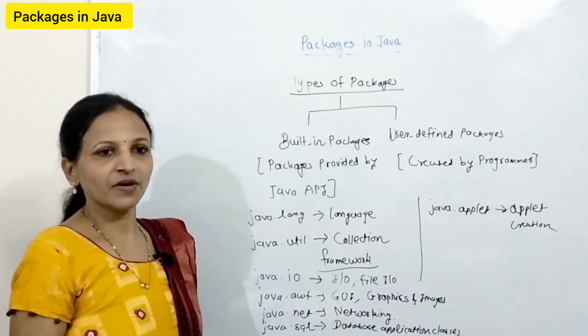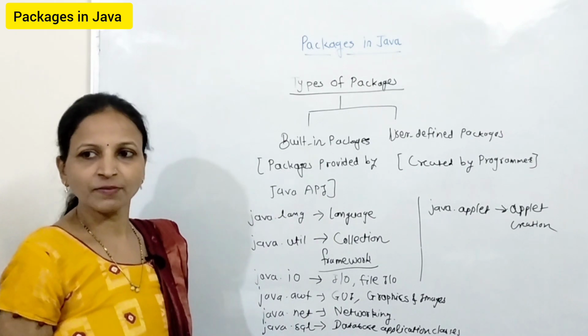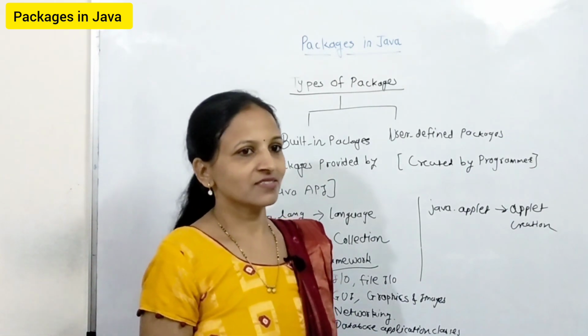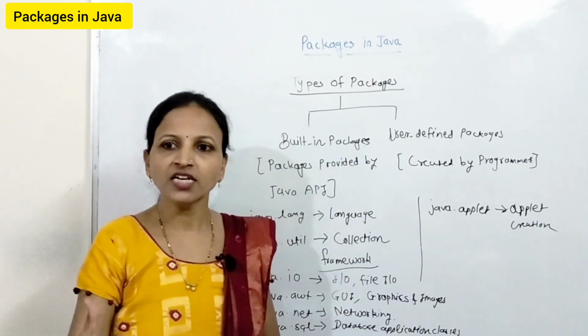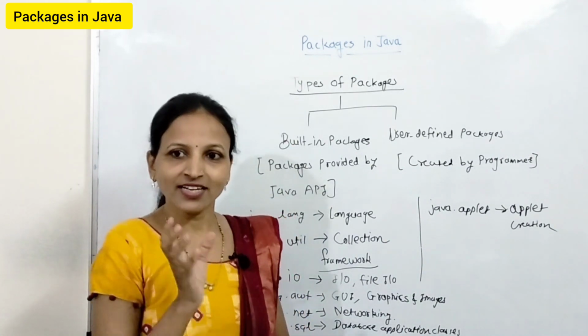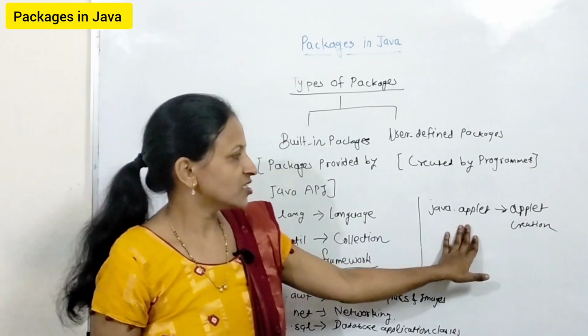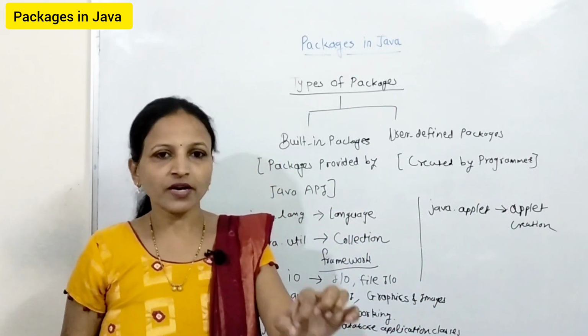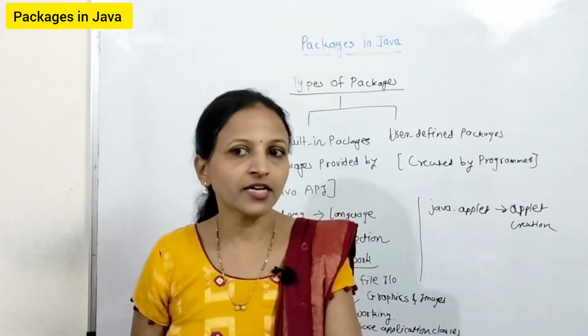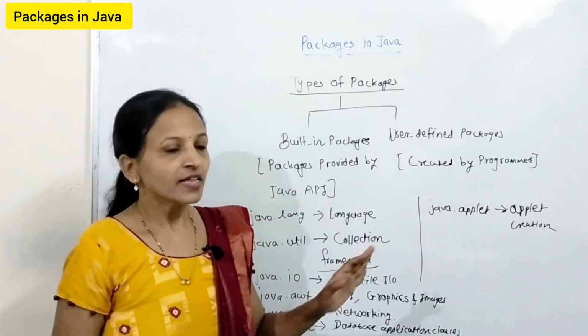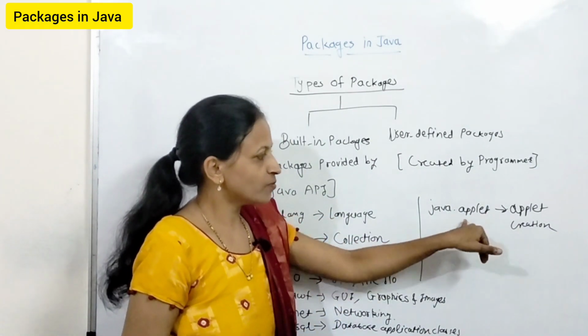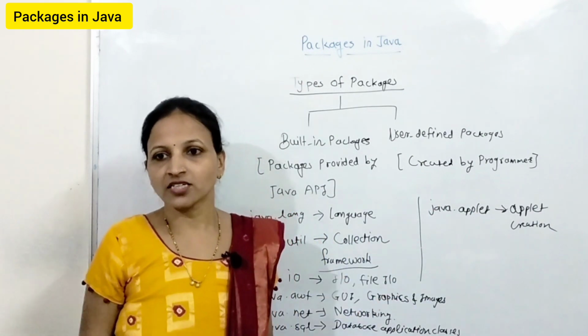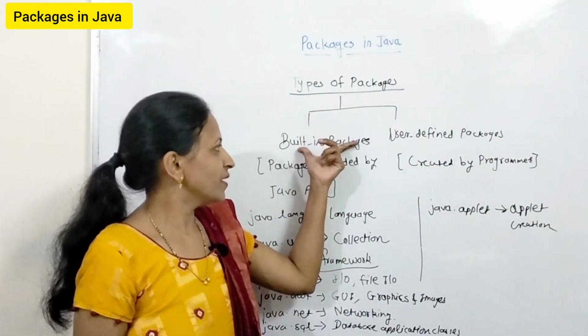Then applet is nothing but an internet application. If you want to run anything on the internet, programs running on the internet are nothing but applets, and you can create them with the help of the java.applet package. These are some examples of built-in packages.